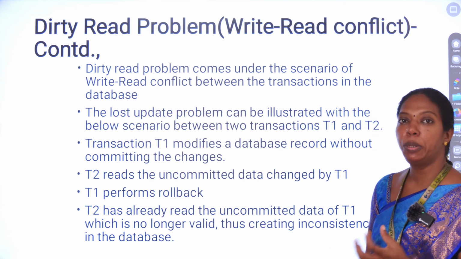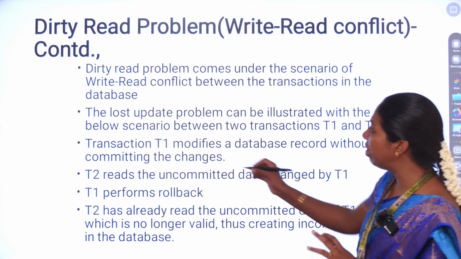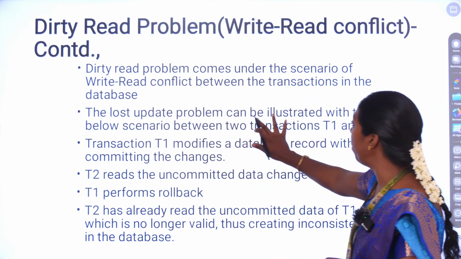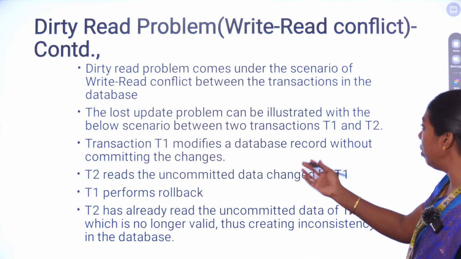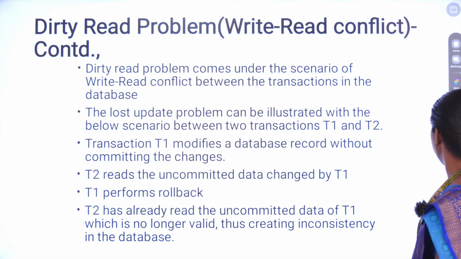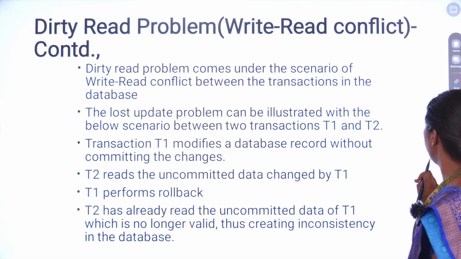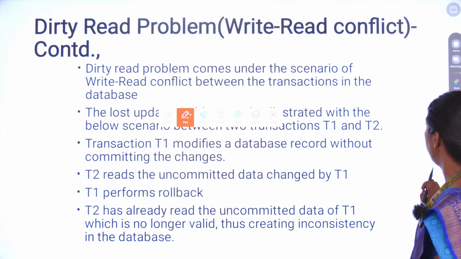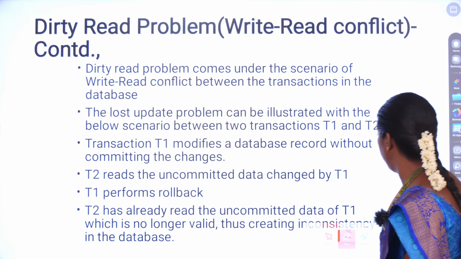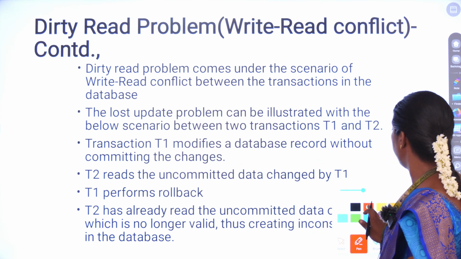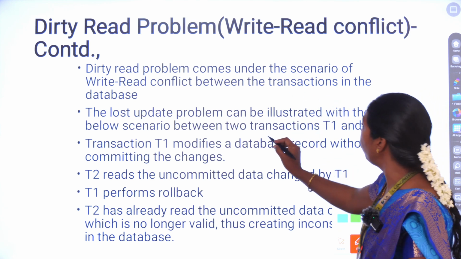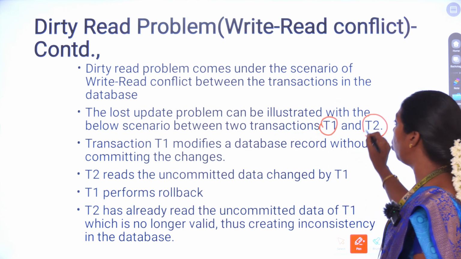These are the small steps for the dirty read problem. The first thing is that the lost data problem can be illustrated with the following scenario. The same T1 and T2.